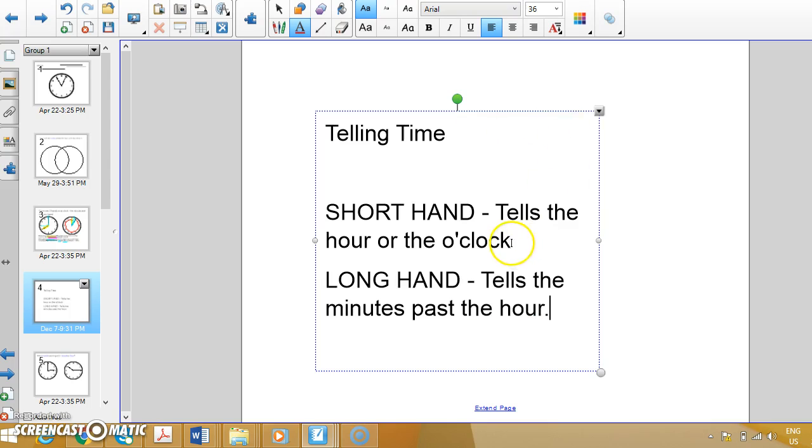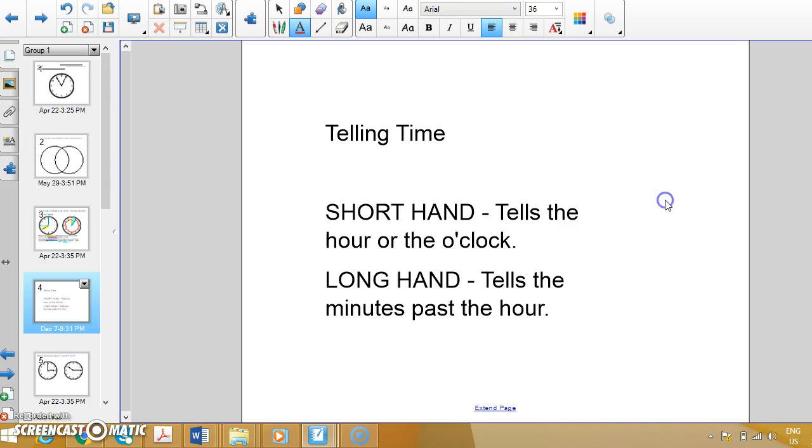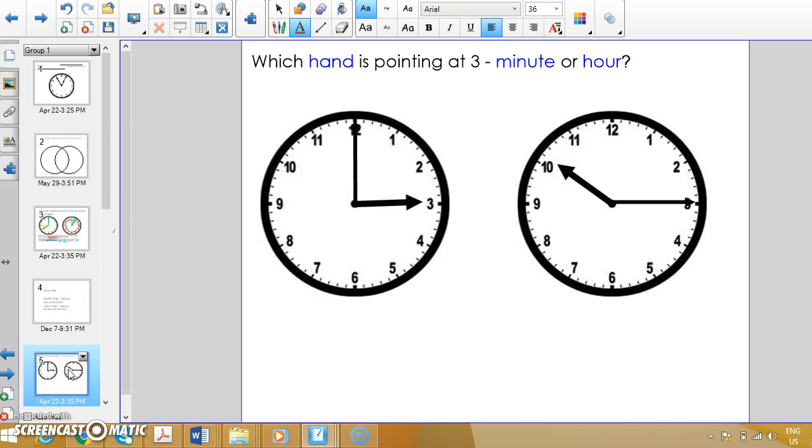So take a minute, jot that down. You might even want to draw yourself a little diagram showing a short hand and a long hand on a clock, just to help yourself remember what those two hands mean. So pause the video and come back when you've written that down.